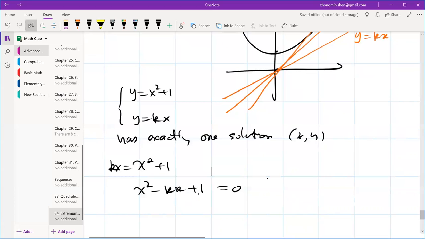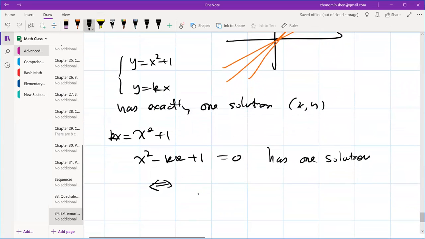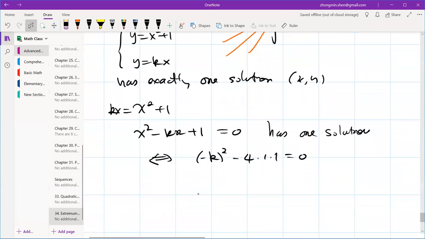This has one solution if and only if b squared minus 4ac is 0, from the quadratic formula. So you get k squared equals 4, and k equals plus or minus 2.